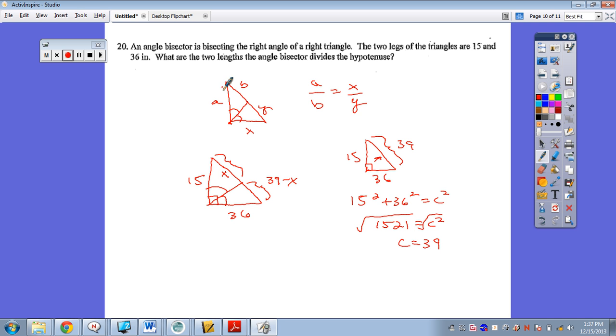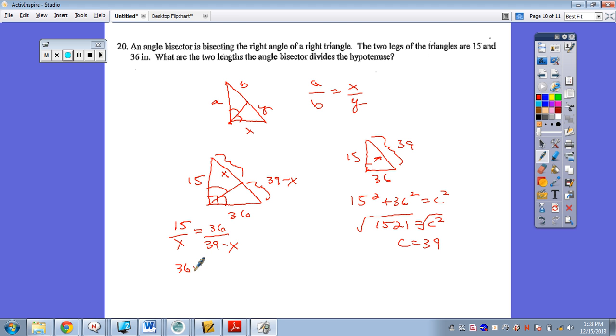If you look at this example, A would be 15, B would be x, x would be 36, and y would be 39 minus x. So now that I have all four parts, I could set up my proportion. 15 over x is equal to 36 over 39 minus x.